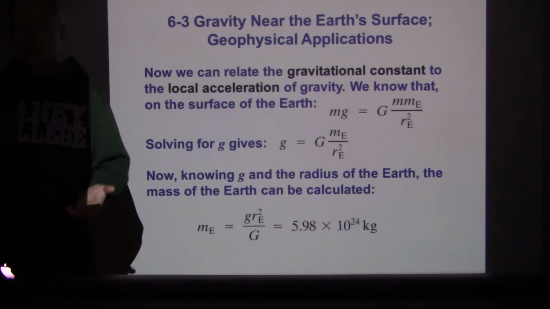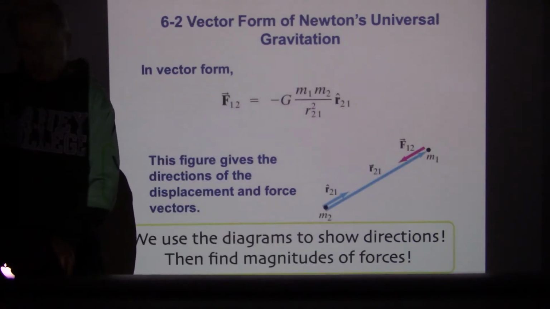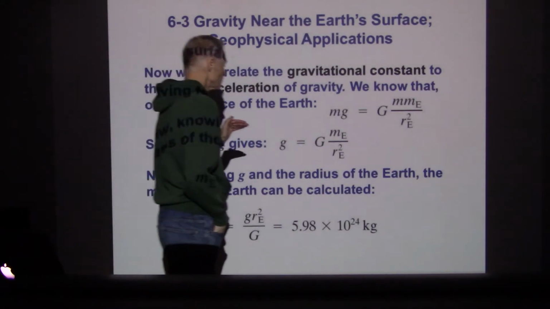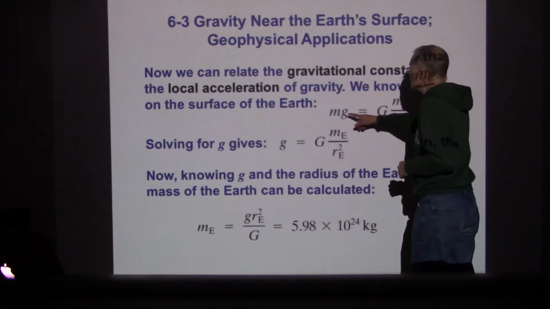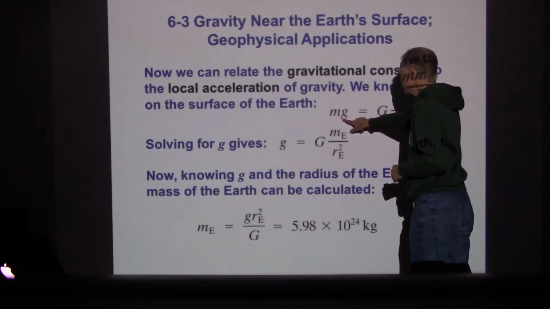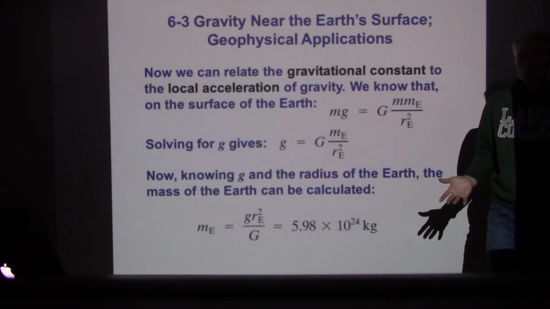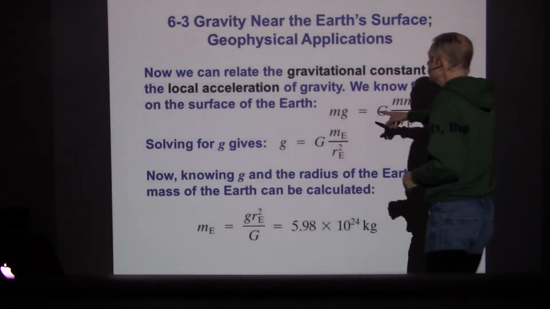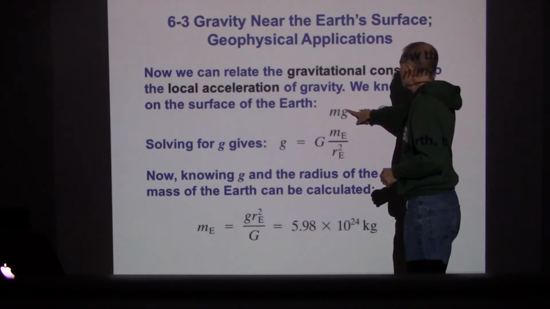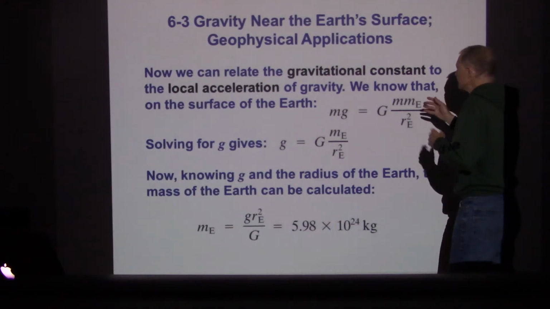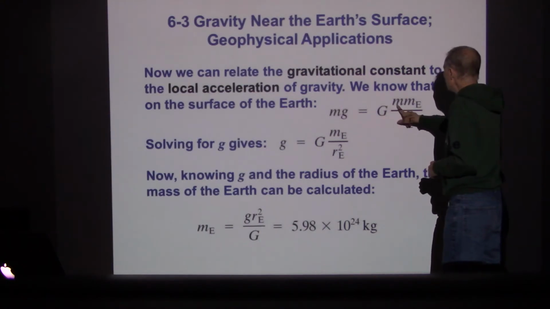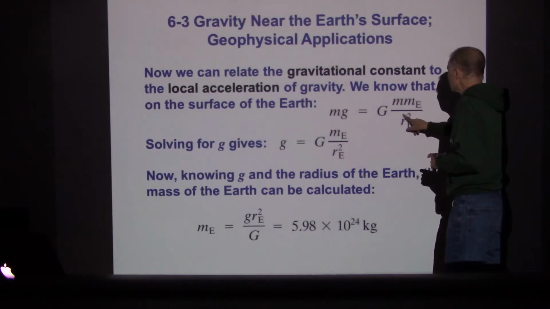Now, what about gravity near the surface of the Earth? What we've been doing is using the formula mg, and that's worked just fine. We introduced that, and we talked about little g as being the gravitational field. The formula now in chapter 6, Newton's formula, is actually big G times m times the mass of the Earth divided by the distance between the two objects.